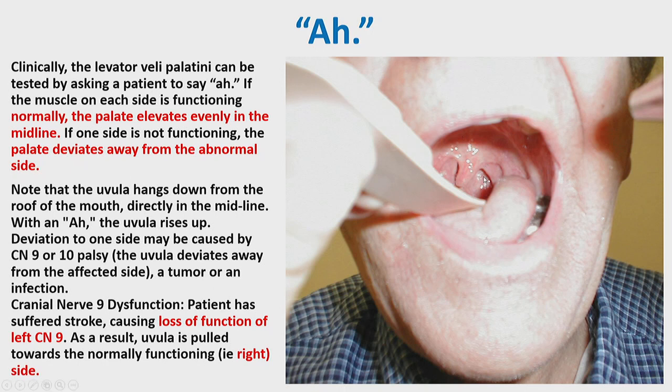The left side is paralyzed, but the right side is working normally. So when the patient says "ah," the right side that is working normally pulls up, but the left side is paralyzed and cannot. So the deviation of the uvula goes to the normal side, yes? Not to the paralyzed side, but to the normal side, which in this picture is the right side.